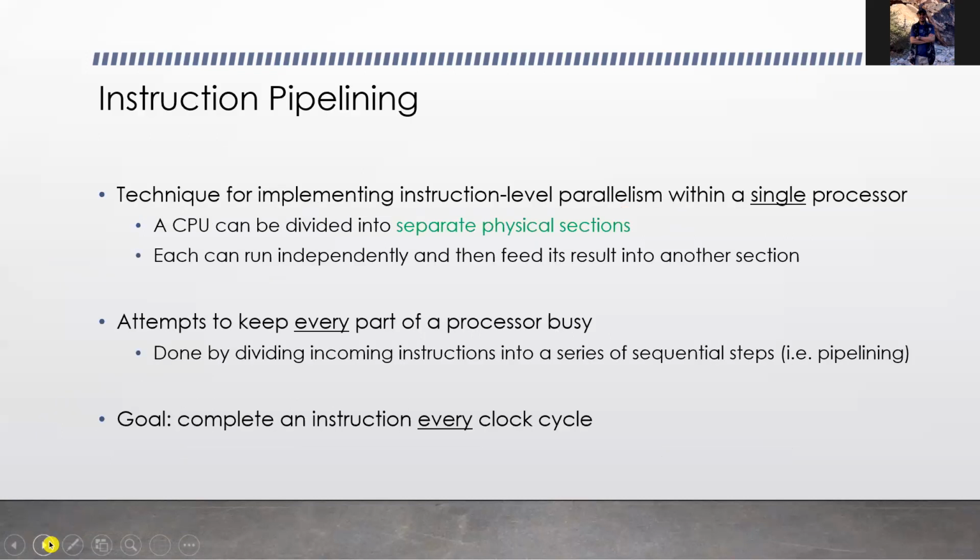Again, to apply pipelining in your processor, instruction pipelining, you must divide your processor circuit into multiple circuitry, and then you make your best to use all these circuitry at the same time.